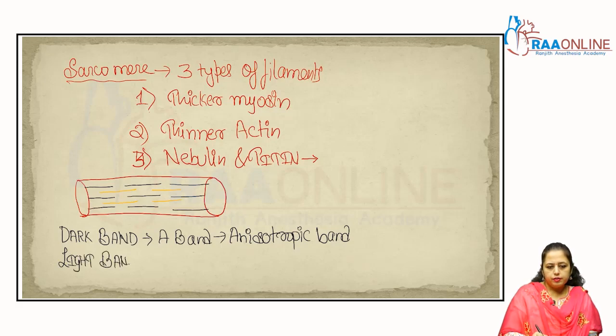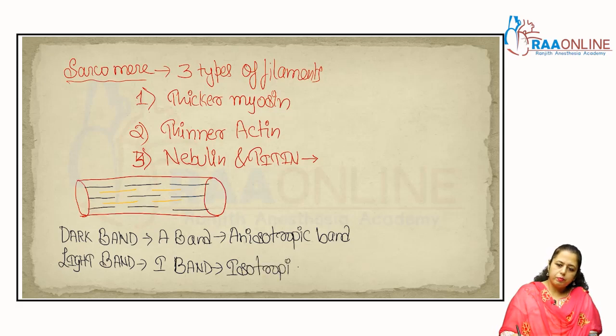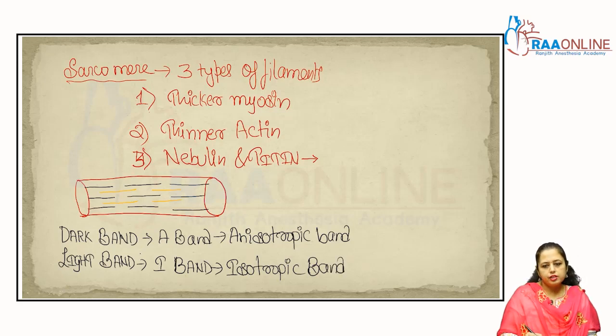Light band is the I band, which is called the isotropic band, right? And they are arranged in that form.